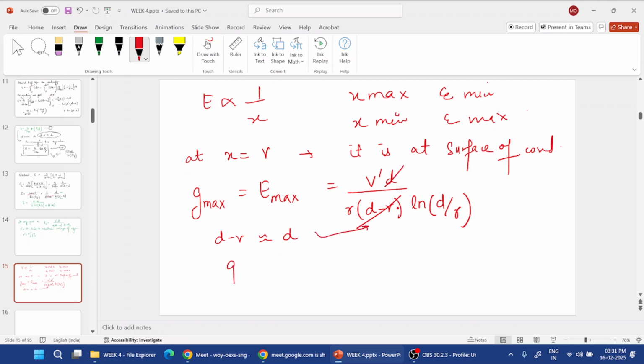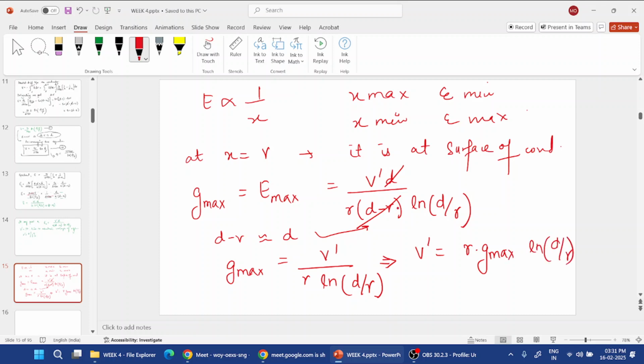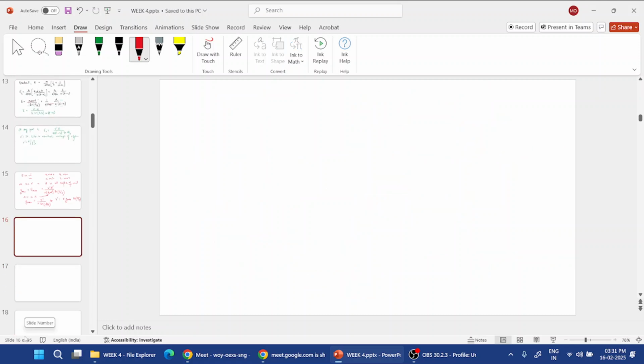So g max = V'/(r log(d/r)). If we rearrange this, V' = r g max log(d/r). So this is the critical disruptive voltage.